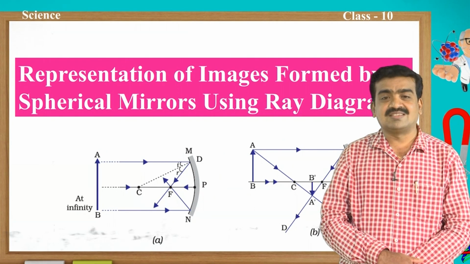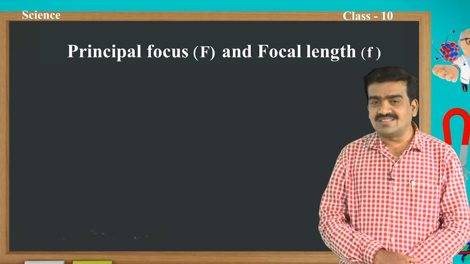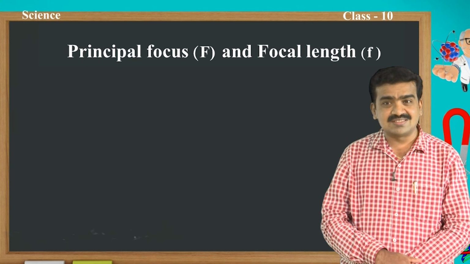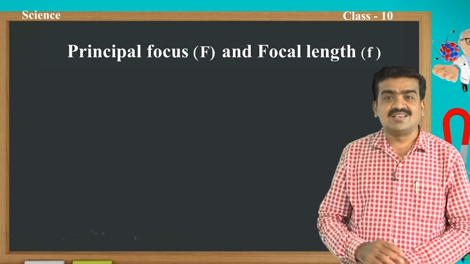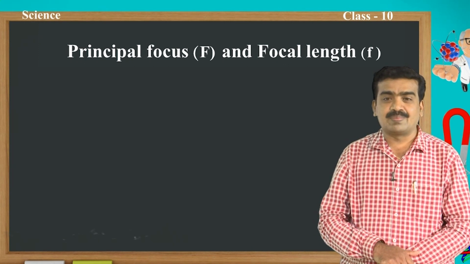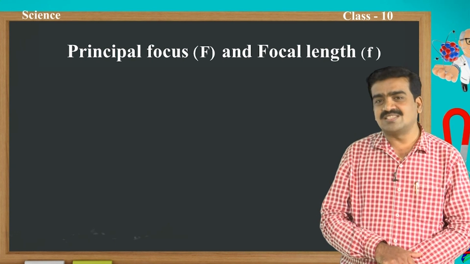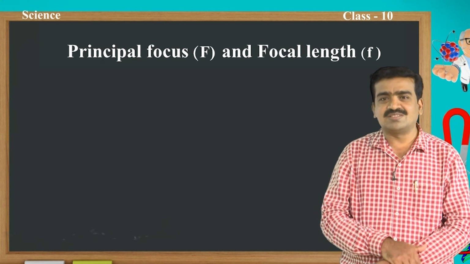Before learning this, let us recall the meaning of principal focus, focal length, radius of curvature and so on, because it is very important to learn the concepts based on image formation by a concave mirror.